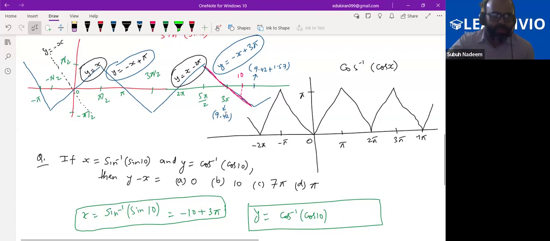Let's write all of this. This transformation of graphs is very important, because based on that you will get to know the equations of the lines. If it is shifting to the right, you subtract that much value. If it will shift to the left, you will add that much value.